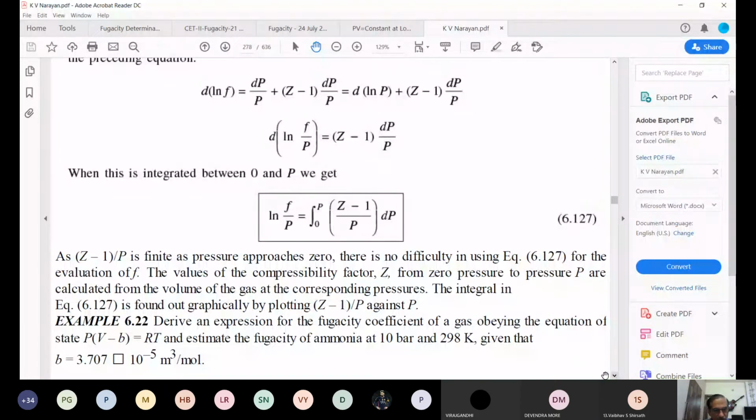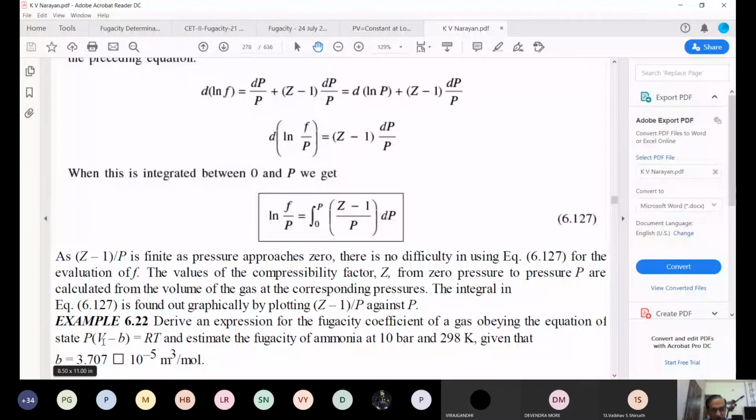Okay, so this is the example equation. Can you see this? Example 6.22. Yes, sir. Okay, so it says: derive an expression for the fugacity coefficient of a gas obeying the equation of state P into V minus B equal to RT. This is a modified form of the Van der Waals equation, where only the pressure effect has been removed and V minus B is kept equal to RT.